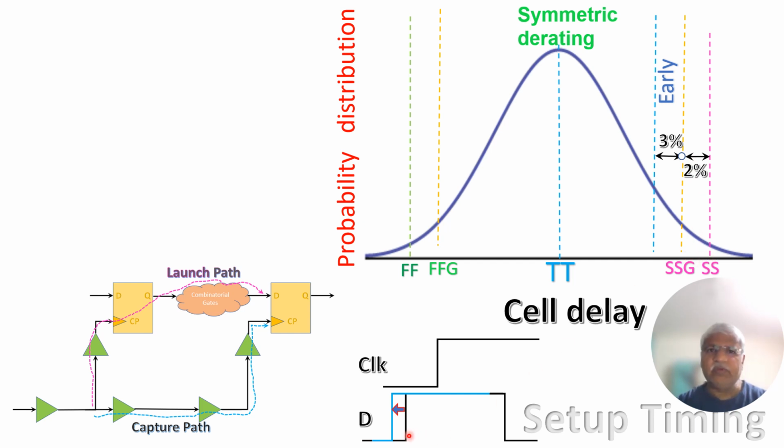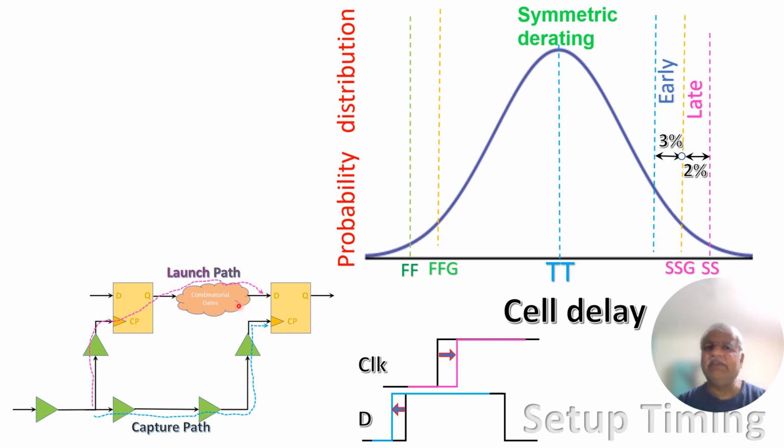This was present even in the asymmetrical derating, but with the symmetrical derating we have this also. So now the clock is coming slightly late because these devices are larger in delay compared to SSG. So now the clock is also pushed out. Now the derates are applied both to the clock and to the launch path, capture path and launch path, the same derates or different derates based on the situation.